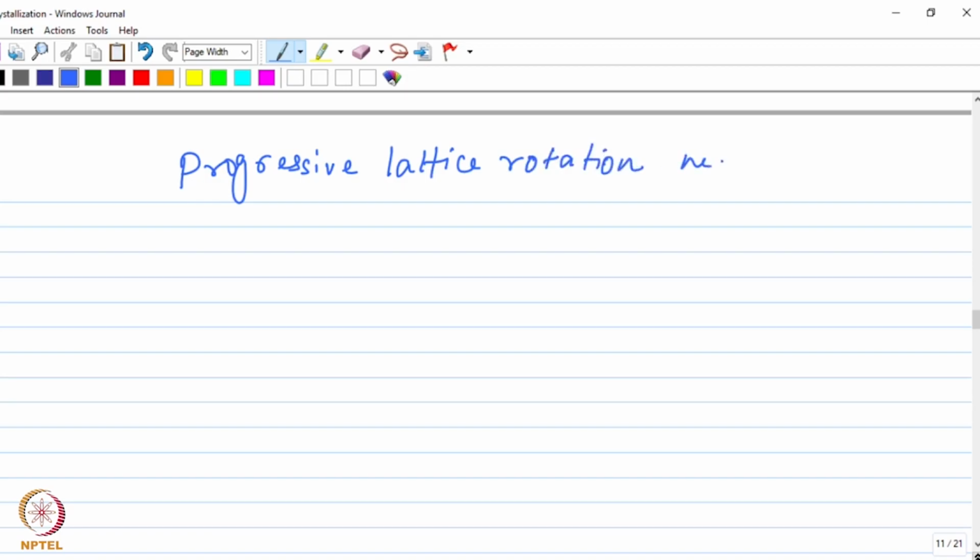In the previous case, also there was some involvement of the lattice rotation, but there was another mechanism which was operating, that was through the dislocation accumulation along the subgrain boundaries. So here there is a lattice rotation near the grain boundaries through which the misorientation can also increase.